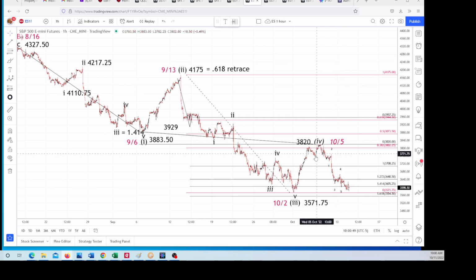Okay, so we want to get into 4 here. So far, 4 has gone just above the 382 at 38.20 on the 5th of October. Until this low on 3 is broken, 4 is still in play.